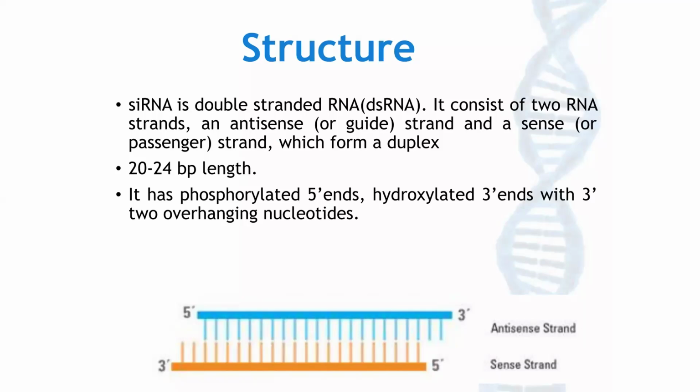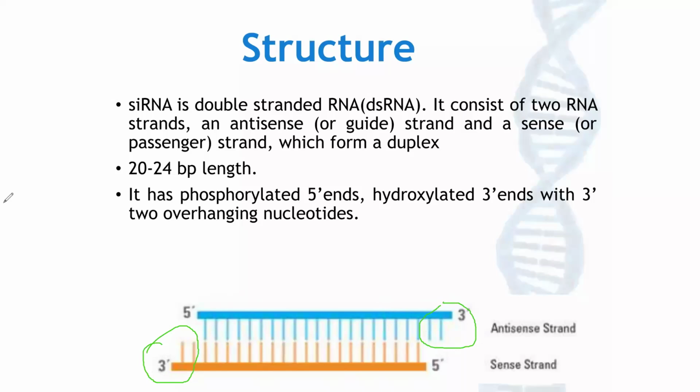It is short, and it's made up of overhangs. These are the two overhangs. We have one at the 3' end of the antisense strand, and also at the 3' end of the sense strand. So this is the structure of short interfering RNA. It is double-stranded, made up of 20 to 24 base pairs, and has overhangs.